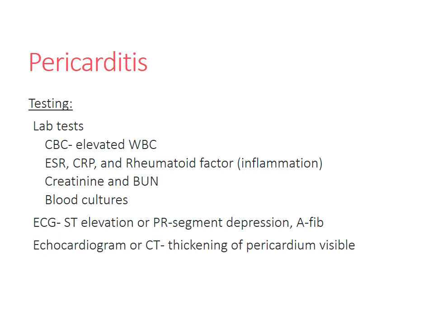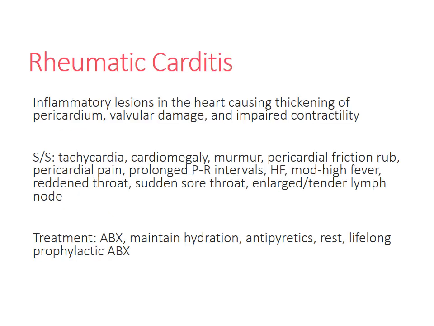They can do the echocardiogram or a CT scan, and here we can see the thickening of the pericardium, and that shows us that is in fact happening. For treatment, things like NSAIDs to help reduce inflammation, diuretics, digoxin, and they may need surgery. They may need a pericardiectomy, which is just a surgical incision that's placed in that pericardium. It can help to relieve some of that pressure.